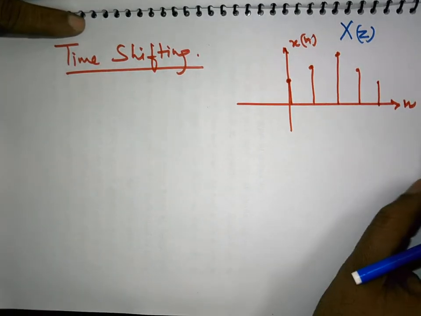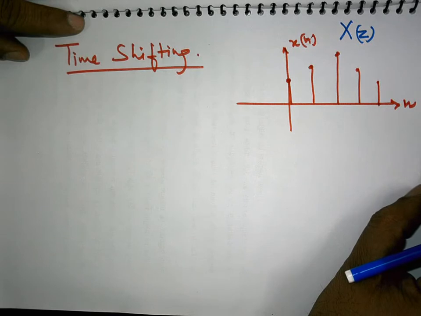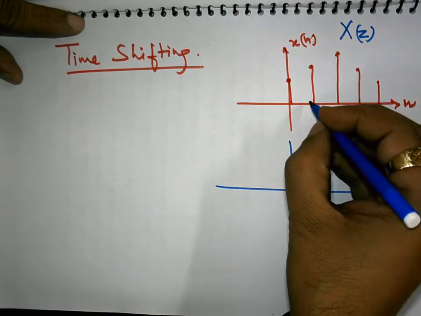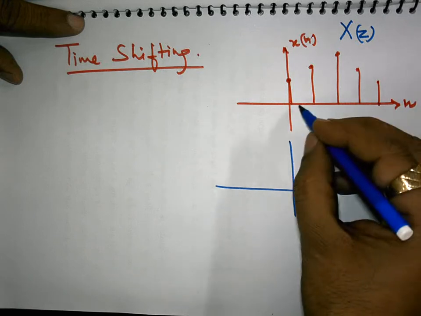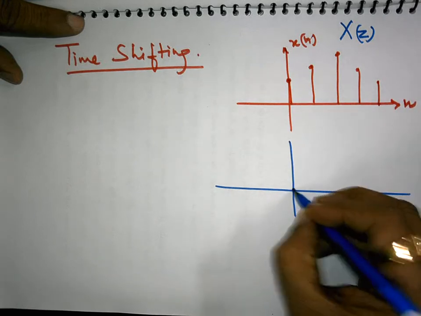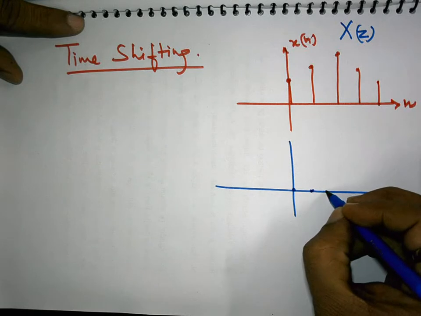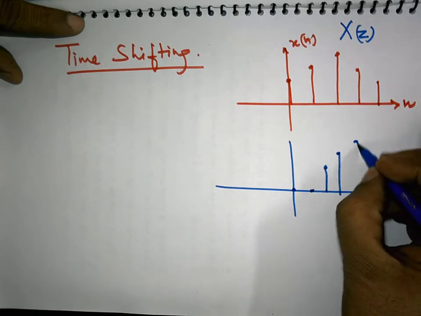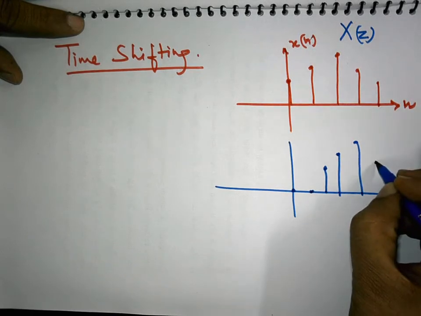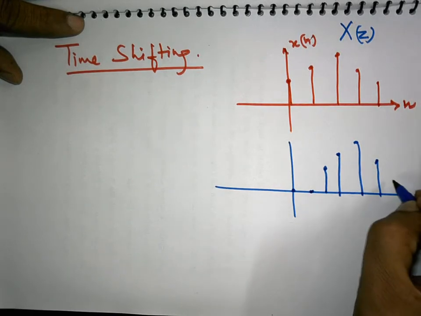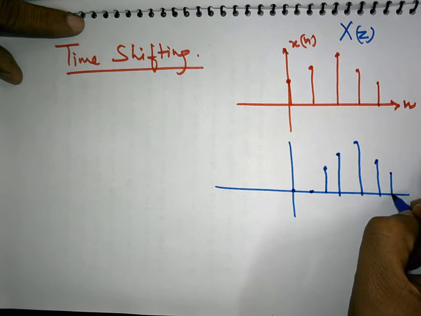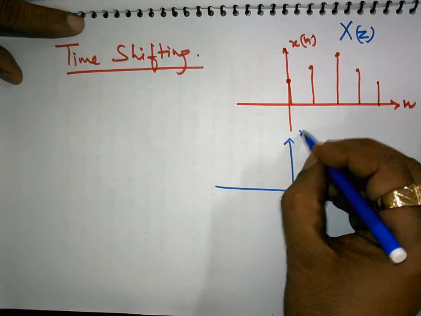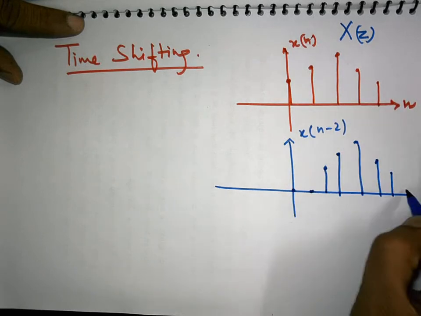That means in the transform domain, the picture of this signal is X(z). Now suppose we shift this signal by 2 units in time. This means the signal is now going to exist from this point in time. Now, this is x[n minus 2].